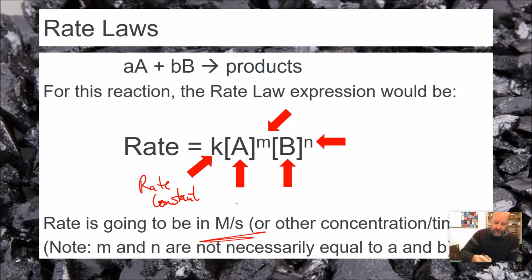This is just the concentration of A. Then m is the order of the reaction with respect to A. So we'll get to what that means in a minute. And then the concentration of B raised to n, the order of the reaction with respect to B. And we'll get to what that means. In certain equations, this m and this n come directly from the coefficients of A and B here. But that's only a specific time, and I'll let you know when that is.